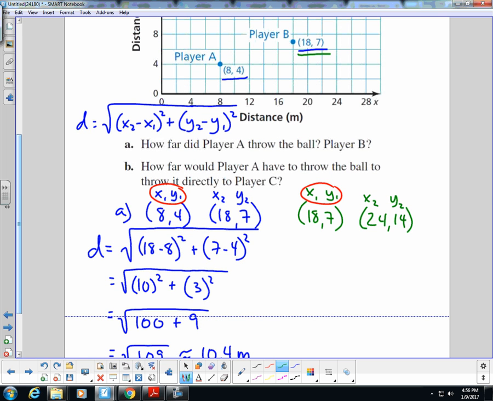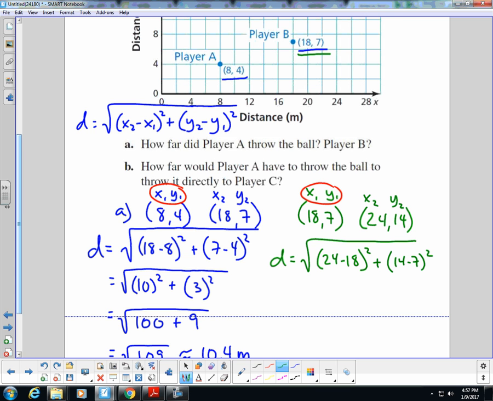So the distance between player B and player C, as we plug stuff in here, is going to be 24 minus 18, the difference in our x coordinates. We're going to square that. And then y sub 2 minus y sub 1 is 14 minus 7.